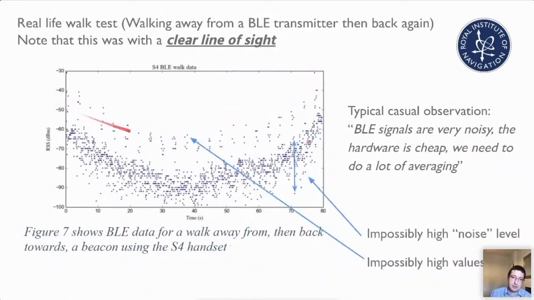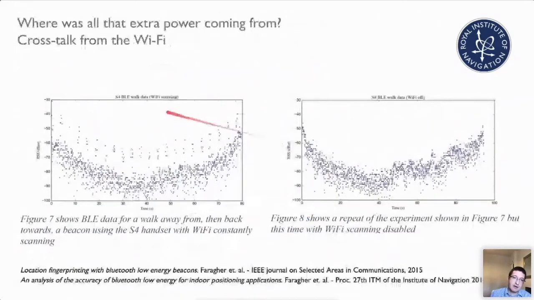So I've mentioned the impossibly high noise levels. This spread here is actually 10 times greater than the actual noise level you expect to see on a Bluetooth measurement. So something's very wrong with these real data gathered from real smartphones. The first very high value problem turned out to be crosstalk between the Wi-Fi in the smartphone and the Bluetooth radio.